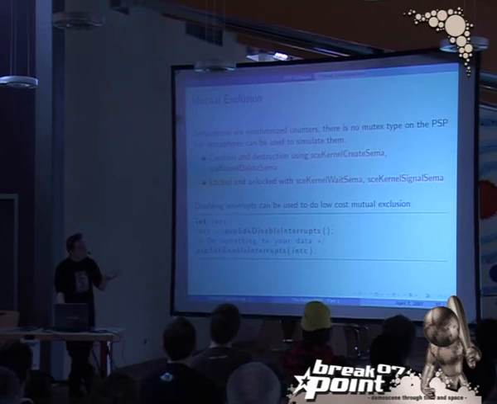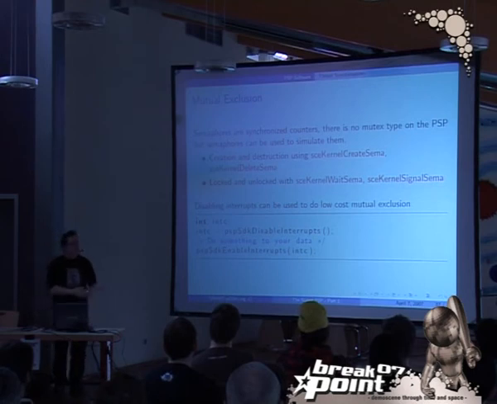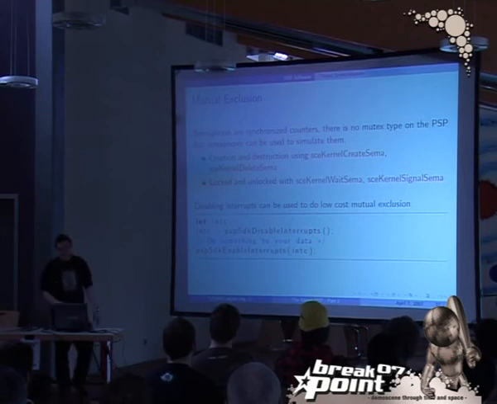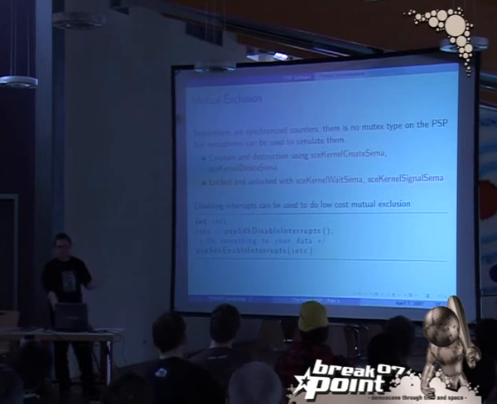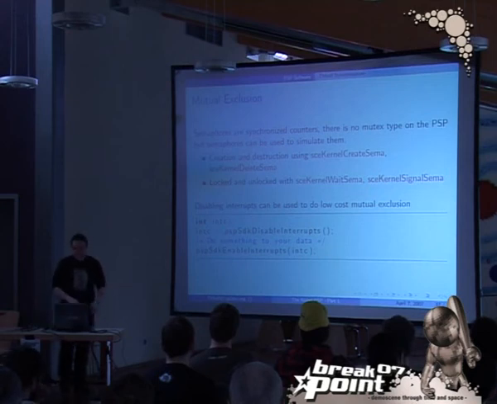When you do need mutual exclusion, you can use semaphores, but that's going to waste a lot of time. So it's actually quicker to just disable interrupts. And once interrupts are disabled, other threads can't run because the context switching doesn't run anymore. Normally on a MIPS CPU, it wouldn't actually be possible to disable interrupts in user mode. But because of the security potential and the fact that they wanted to make it a games device, they gave you a special instruction in user mode to disable the interrupts.